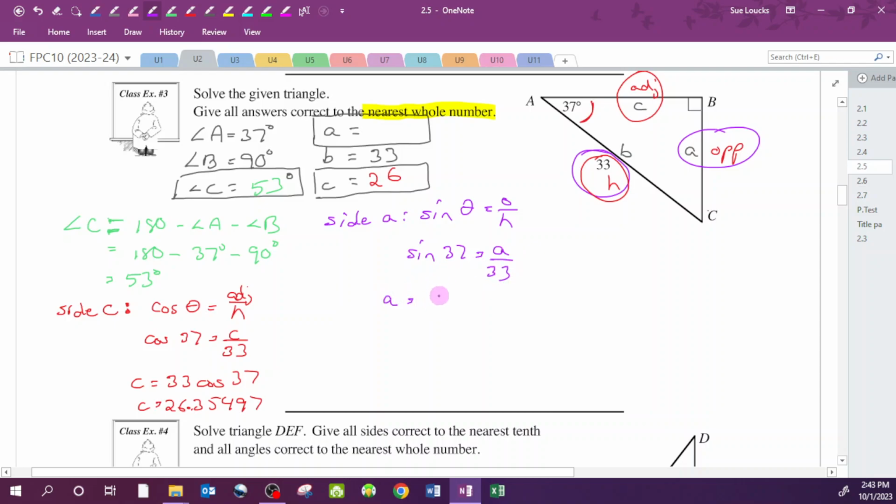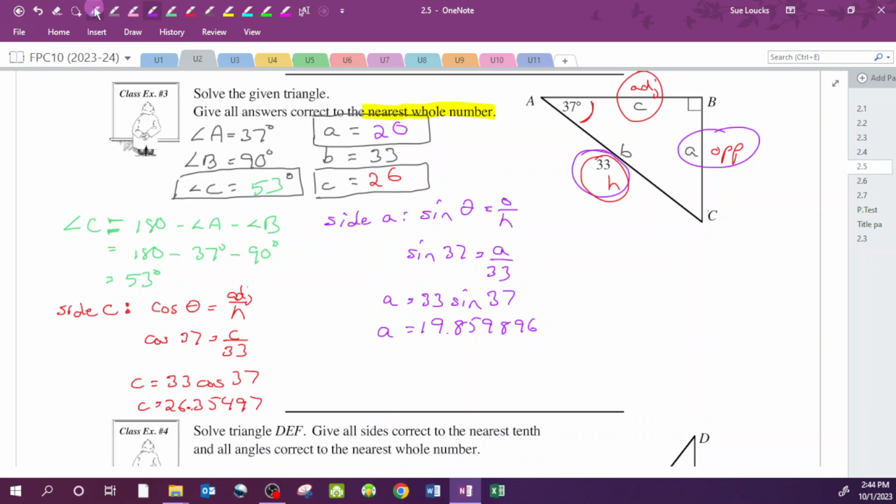So A equals 33 sine 37. Then I pick up my calculator and I get A equals 19.859896, which I'm going to round to 20. So that's going to be 20 up here. And then I'm going to check.